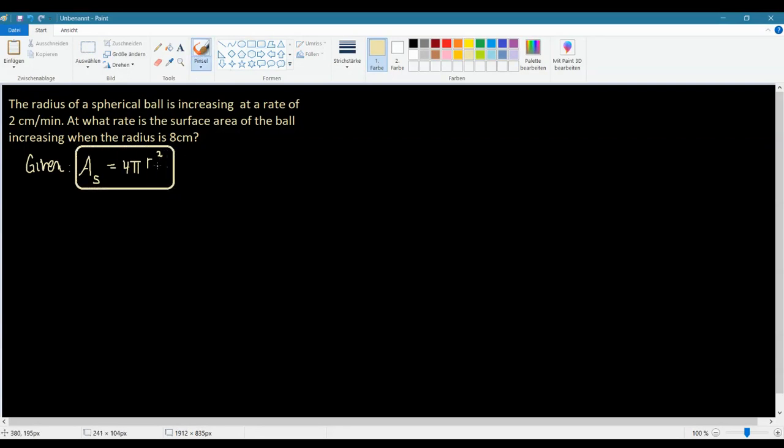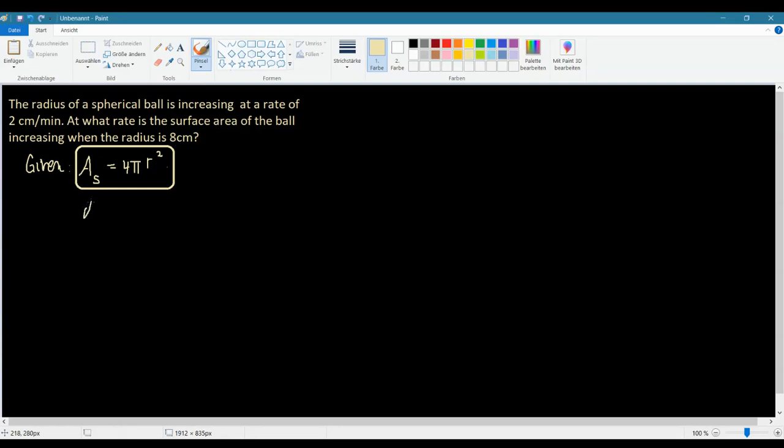I sure don't. And the second thing that we know is that the radius of the ball is increasing at a rate of 2 centimeters per minute. Well, what does that mean? How would we write that if we were differentiating? Because that's what we're doing here, right? We're going to be implicitly differentiating this formula right here. Well, we know that the change of the radius over the change in time of the ball is 2 centimeters per minute.